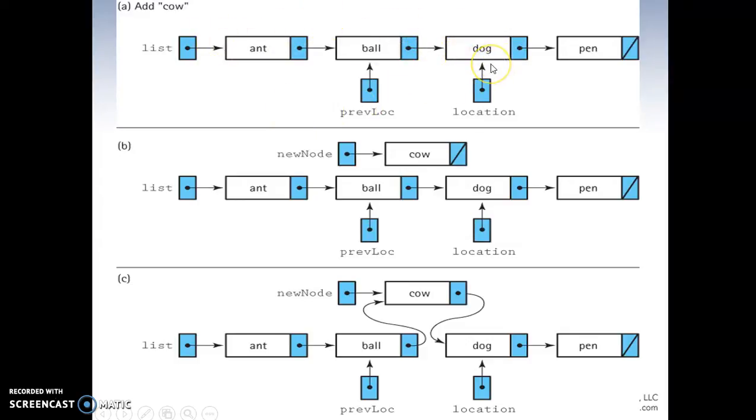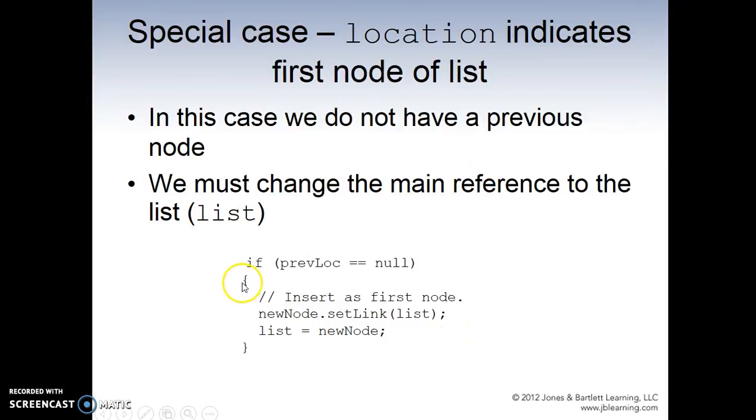This is location. But we need to rely on the previous location because we need to set previous location dot setLink to the new node, and new node dot setLink to location. That's how we break this into this image. That's how we insert. Right.